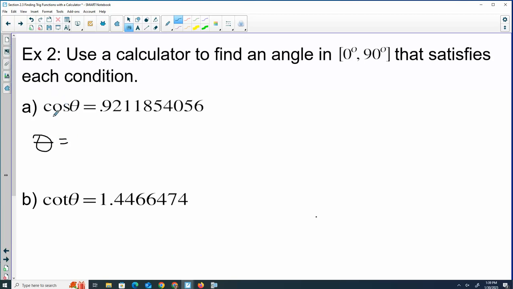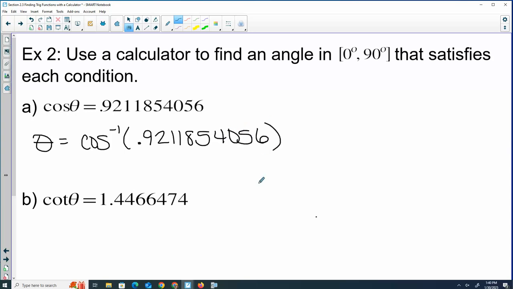Cosine is attached to that angle. The only way you can move the cosine is to do the inverse of it. So to move cosine to the other side, it becomes cosine inverse. Later on, we will talk more about what an inverse of a trig function means. But for now, what you need to know is that -1 is finding the angle. It's working backwards to find our angle.